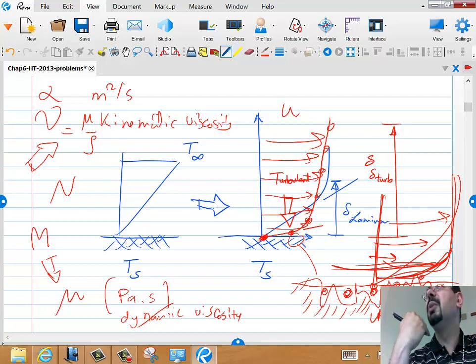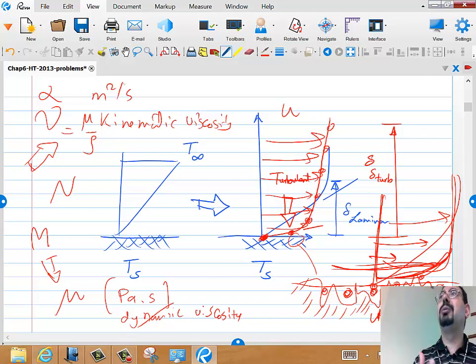Nu also has meter square per second. Actually, the two of them really represent, from the fluid point of view, the same thing. They represent diffusivity. So alpha is the thermal diffusivity, or diffusivity of energy, and nu represents the diffusivity of momentum.